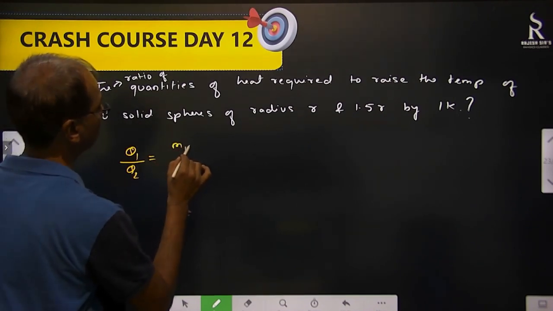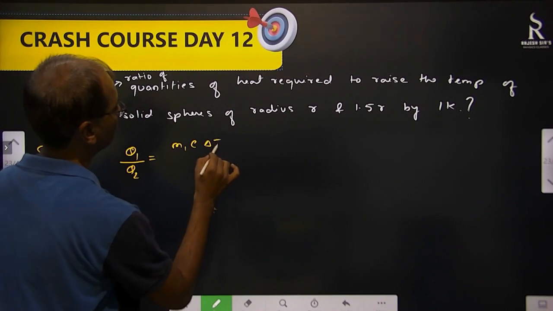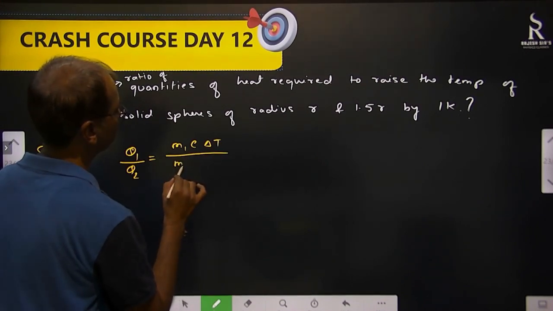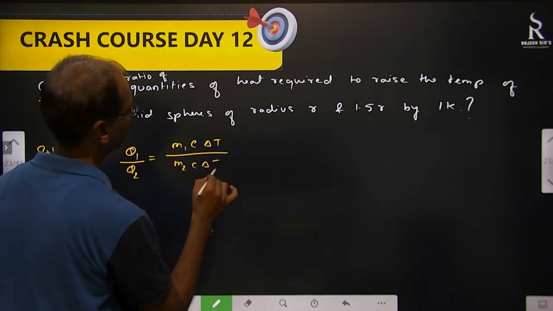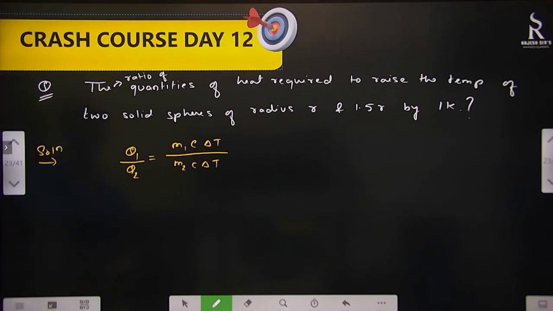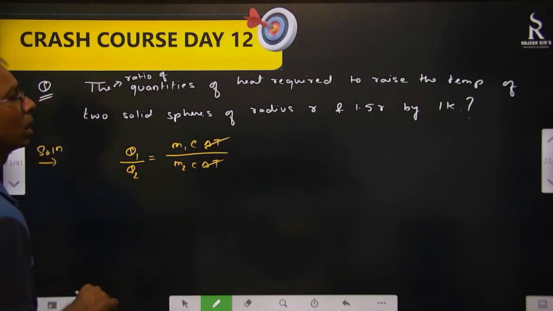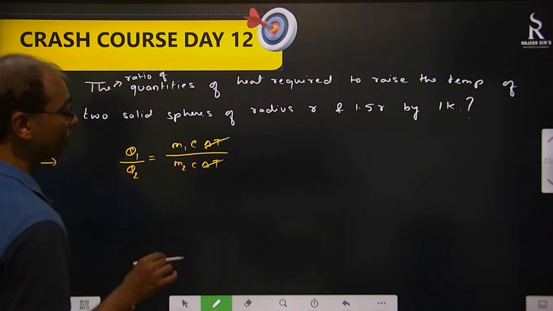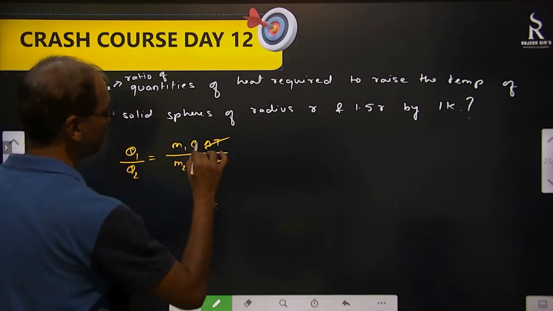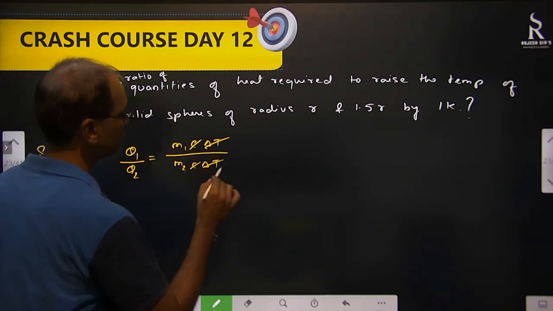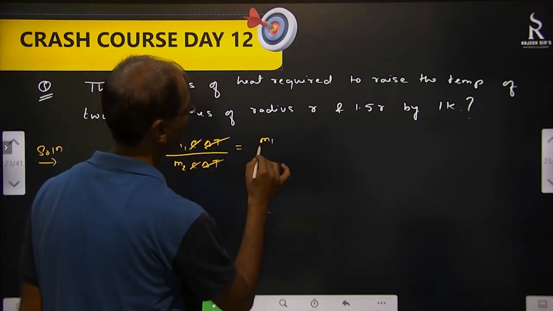M1 C delta T and M2 C delta T. So, delta T is given 1 Kelvin only, so forget about this. If they are from the same material, then C is also same. So, then it is M1 by M2 only.